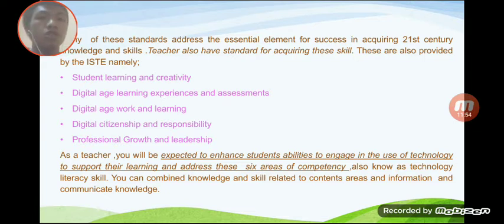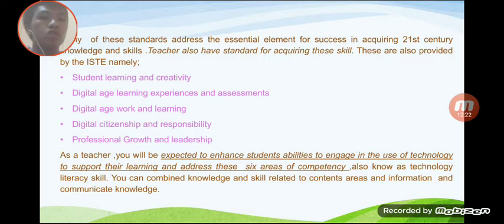So, the next one is digital age learning experiences and assessments. And digital age work and learning. Digital citizenship and responsibility. Professional growth and leadership. So, yun lang. Yung anim na yun, yun yung competencies.